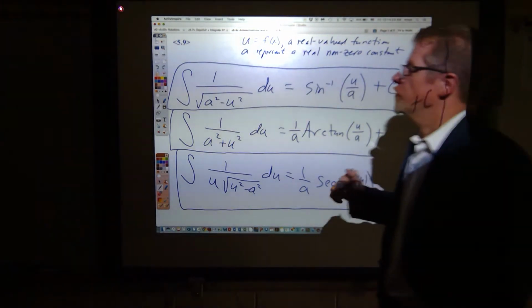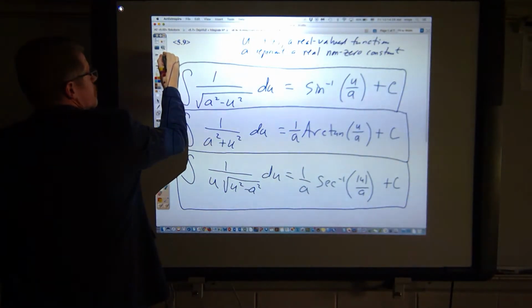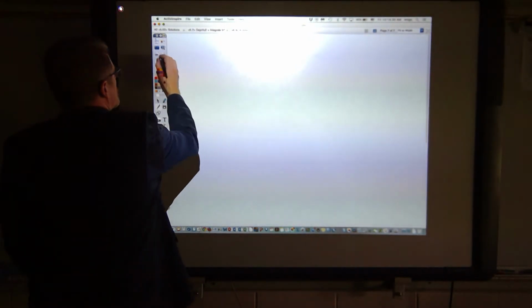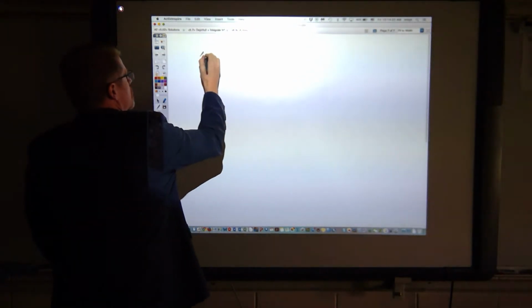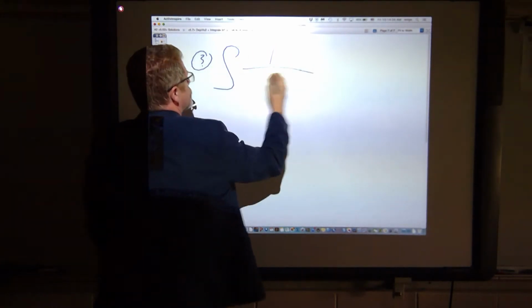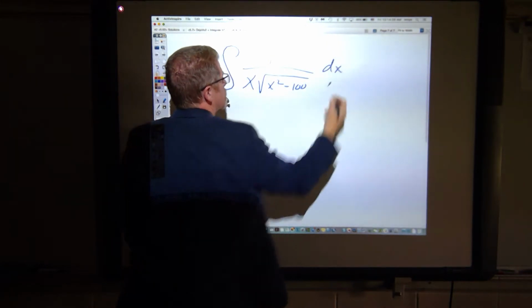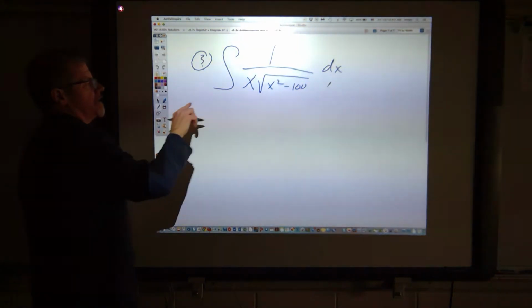Just to confirm, now that we know the formula, if you were to encounter problem 3 on the homework, here's what you would do. If problem 3 were 1 over x times the square root of x squared minus 100 dx, you'd say, there it is.